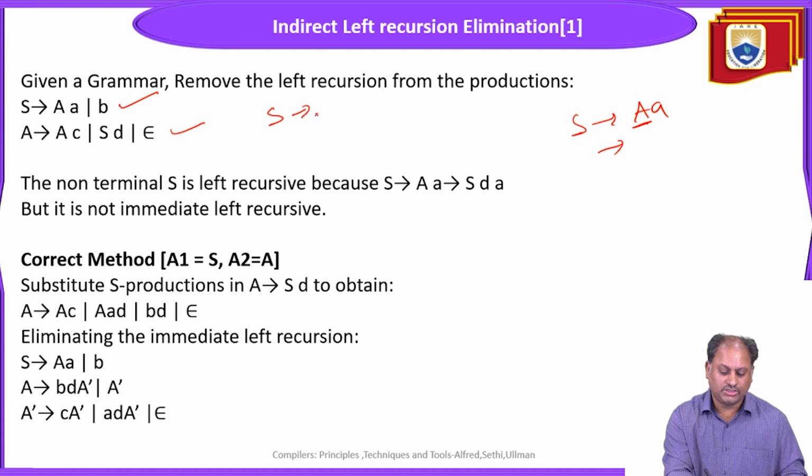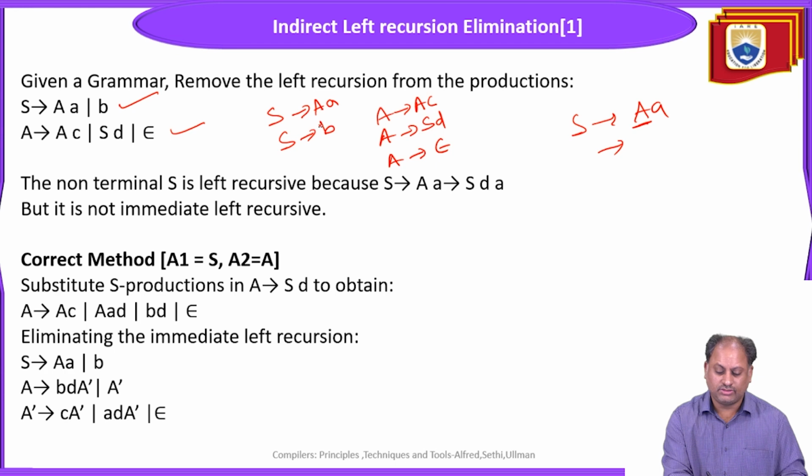If you consider, S derives A a and S derives b, those are the two productions available in the first case. Whereas in the second case, A derives A c, that is one production. Another one is A derives S d, and A derives epsilon.